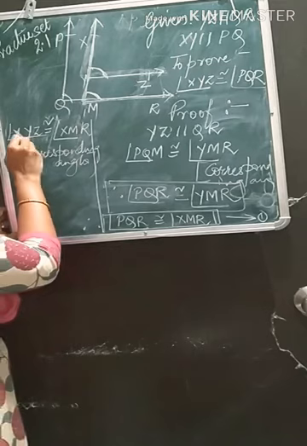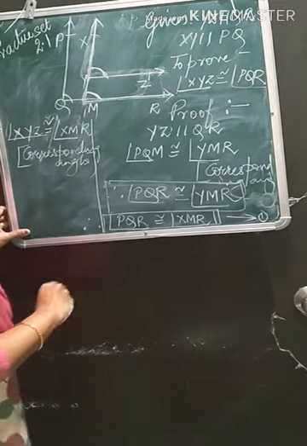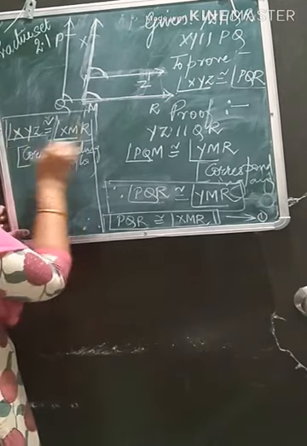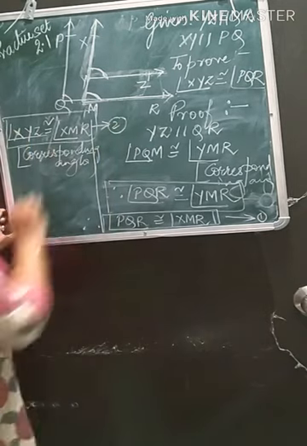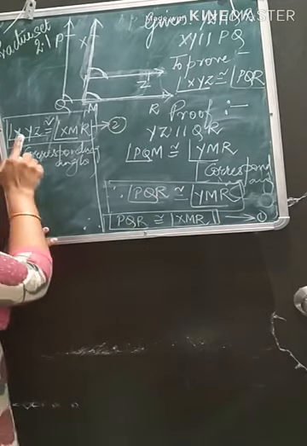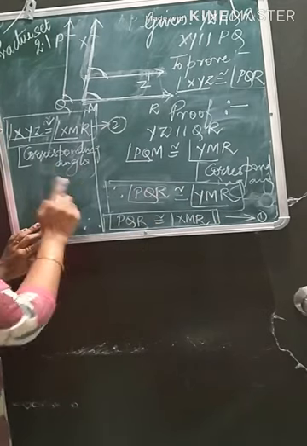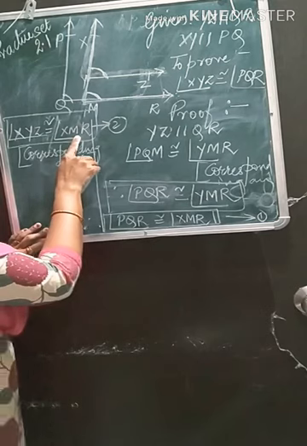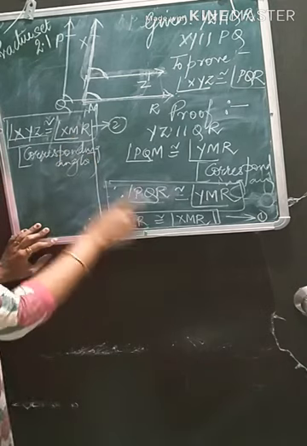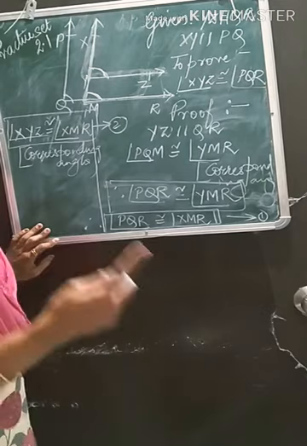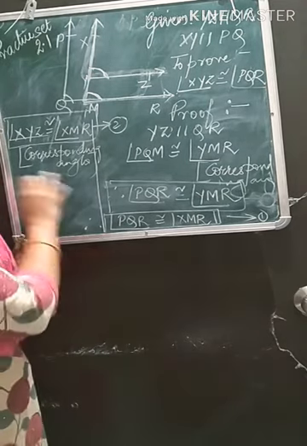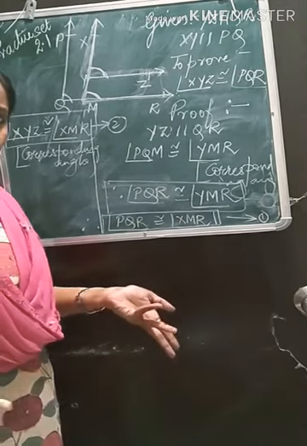Okay, so if XYZ is congruent to XMR, PQR is also congruent to XMR. This we will give as number 2. Now compare first and second. XYZ congruent to XMR, PQR congruent to XMR. XMR is same. If the first angle is congruent to the second angle and the third angle is congruent to the second, then the first and third angles are congruent or not?